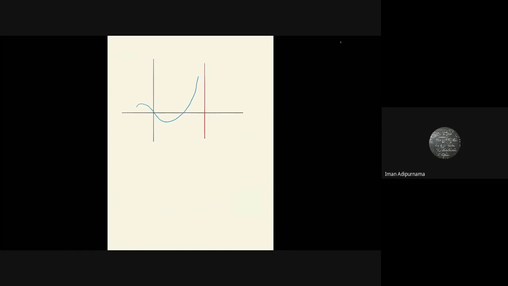Let's say this is x equal a. At this x equal a, the vertical line is the vertical asymptote of f of x, or of y equal f of x.